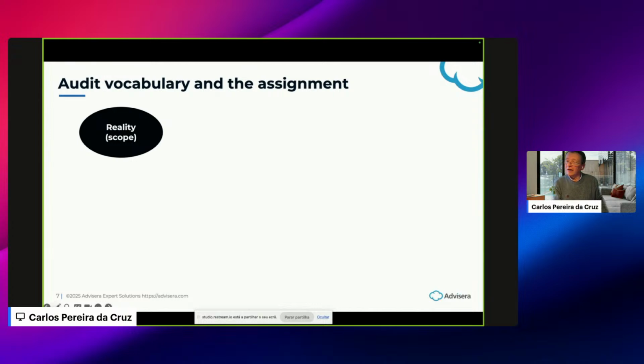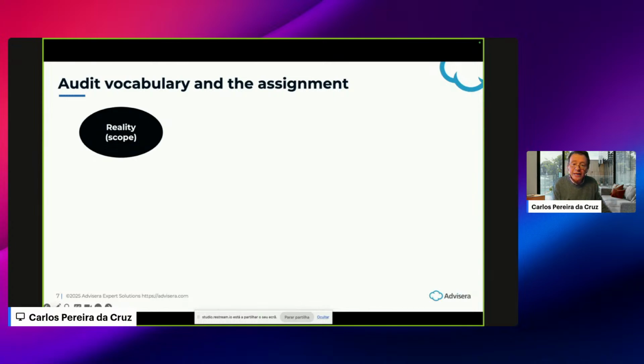Now, I like this slide a lot because it provides a big picture. Auditors don't do audits because they want to or because they like it. They receive an assignment that includes three essential sources of information. Auditors go into reality, and the scope of the audit sets the borders of that reality.